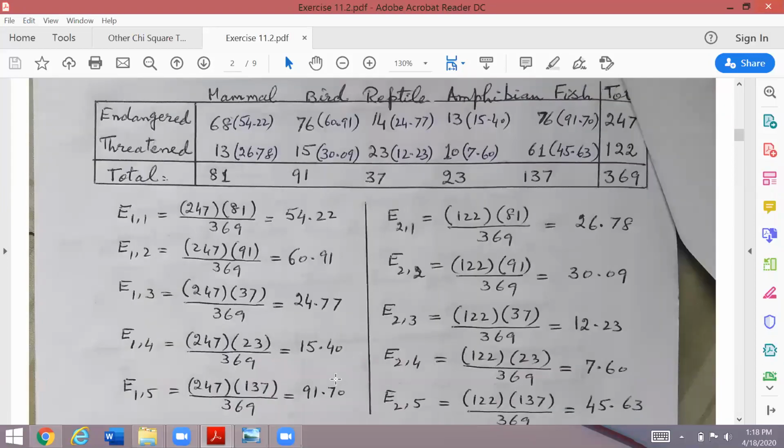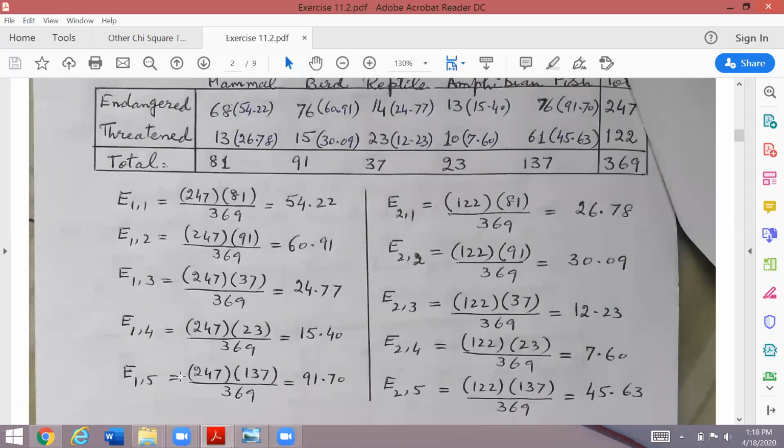Now, E14, element in the first row, fourth column, 137, divided by 369, right? Element 15, first row total, fifth column total is 137, sorry, here, and then simplify, 91.5.